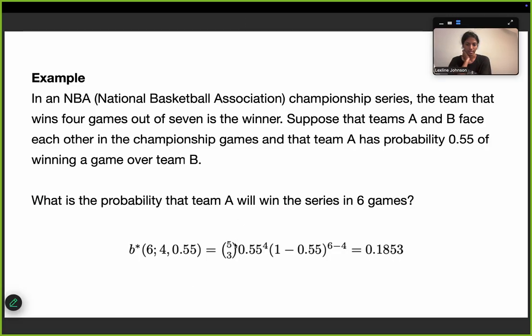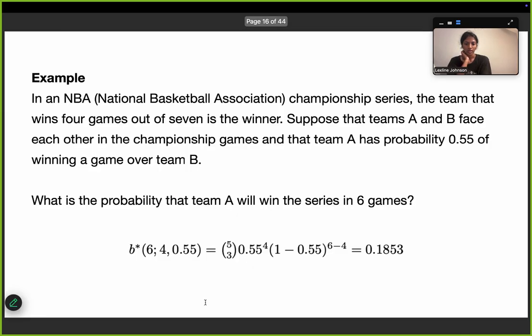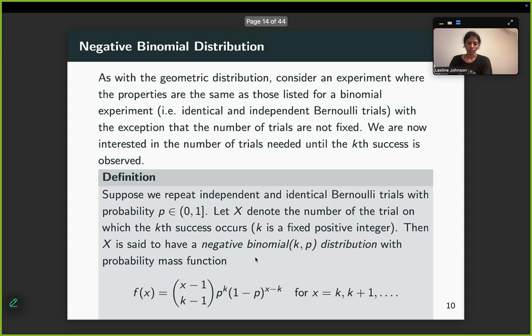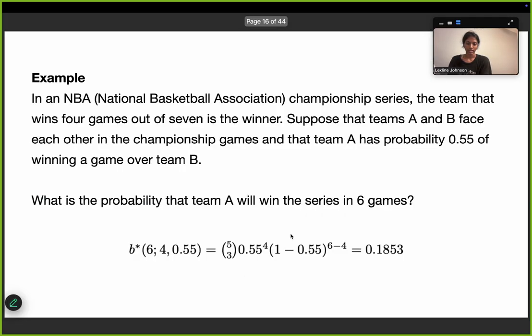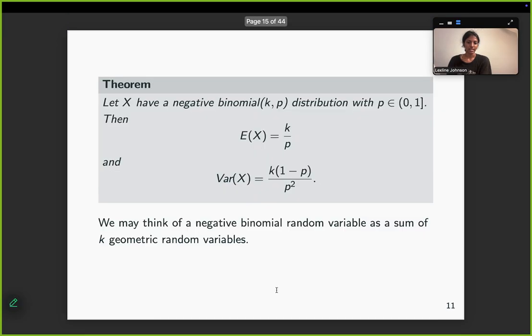So x equals 6, so we need to find x minus 1, so that's 5, choose k minus 1, and our k is 4, so k minus 1 is 3, so we have 5 choose 3, probability of success is 0.55, and then that is to the power of k, so our k again is 4, since we need to win 4 out of the 6 games to win, and then we multiply it by the probability of failure to the power of x minus k.